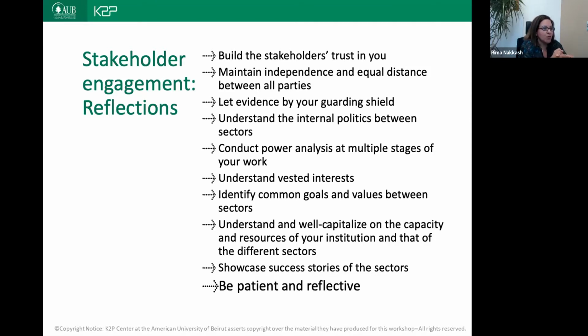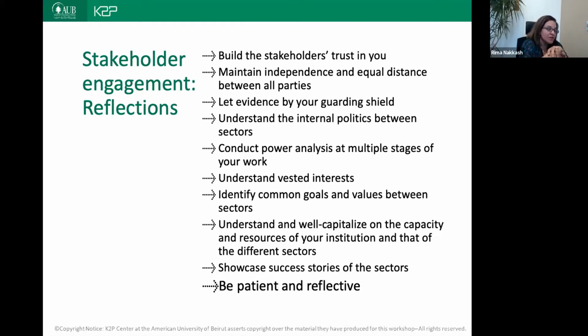But it's also important, given that every advocacy campaign requires a set objective, to maintain independence and an equal distance from all parties, and basically have the evidence as the guarding shield. So always go back to the evidence.